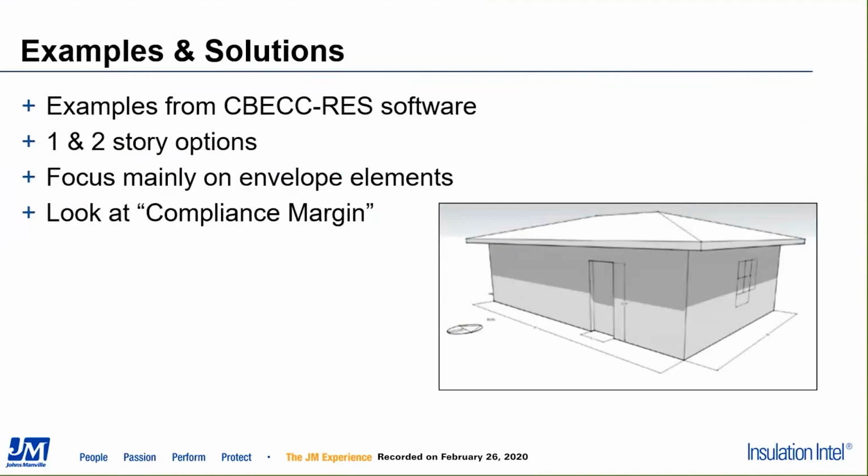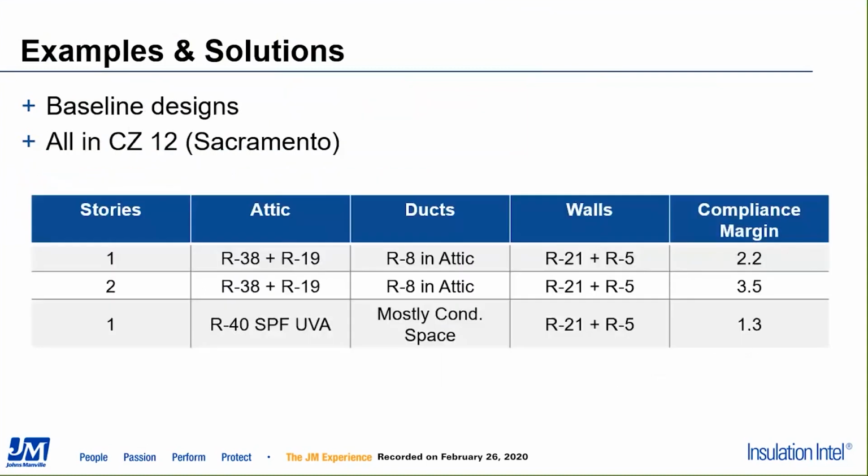There are 1- and 2-story options. There are options with different sorts of heating and cooling equipment, with different sorts of battery and renewables. There's a lot of those. We're not going to dig into all of those. Because we're looking at building envelope and insulation options, we're going to focus in on just the 1- and 2-story options that are provided with the software.